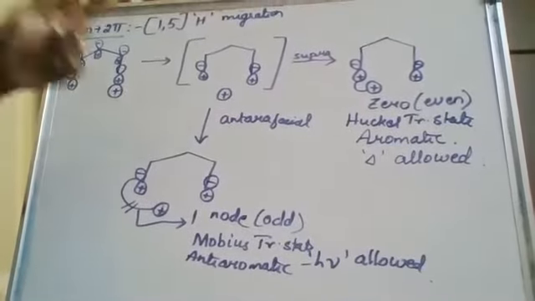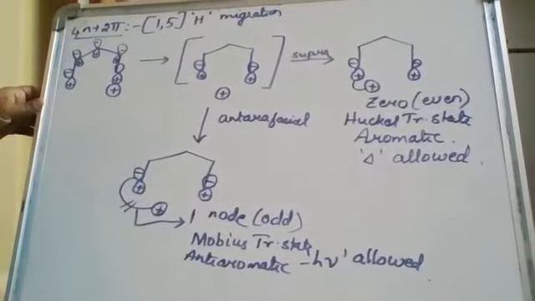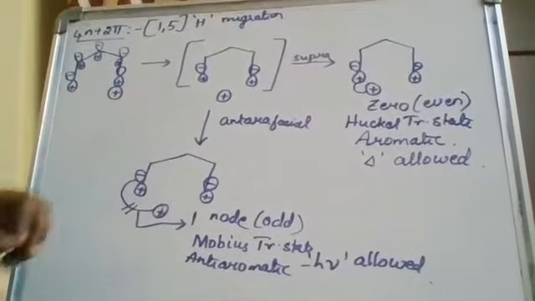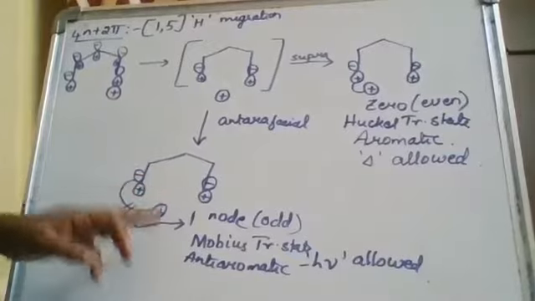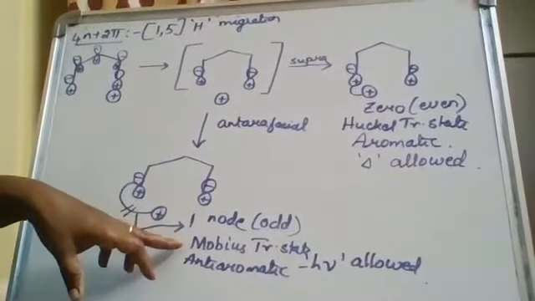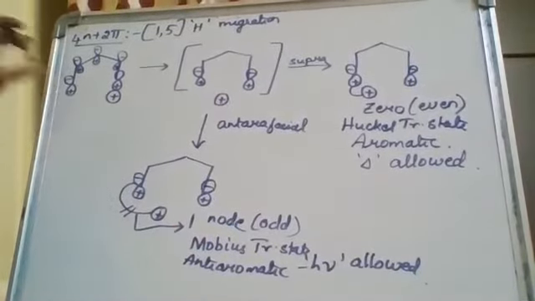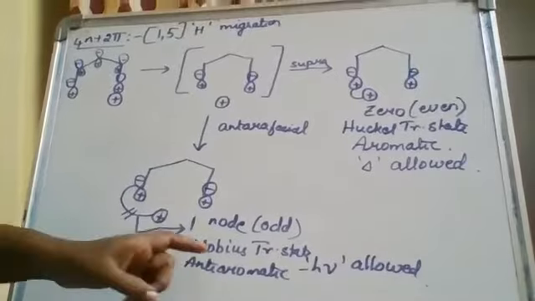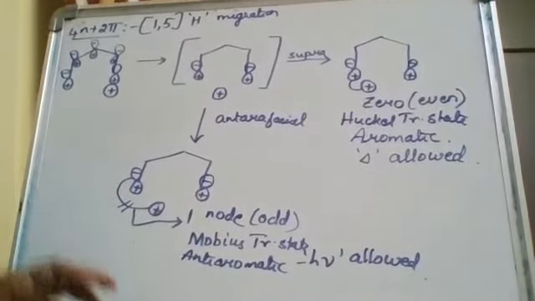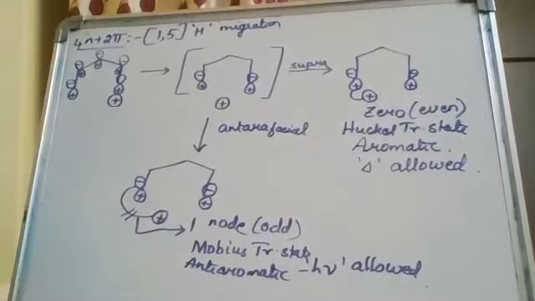Now, for the same moiety, if I check the antarafacial migration of hydrogen, I get one node. Since I'm getting an odd number of nodes in the transition state, the transition state belongs to a Mobius transition state. As the molecule is a 4n plus 2 pi system, it is anti-aromatic. All anti-aromatic transition states are photochemically allowed.